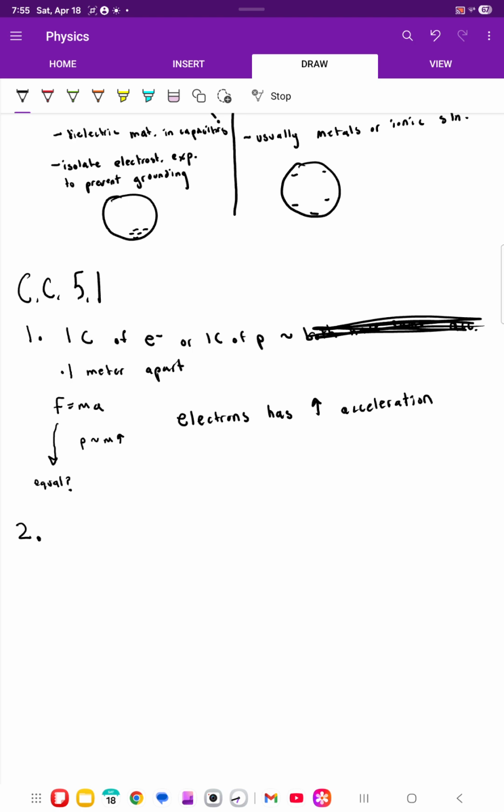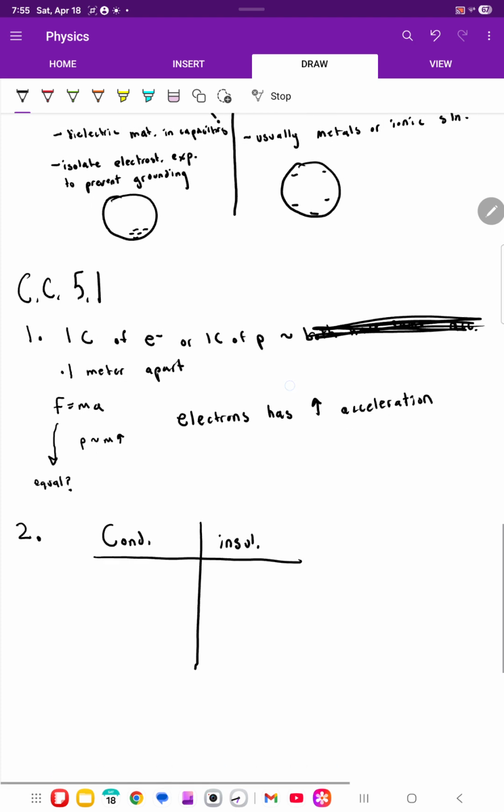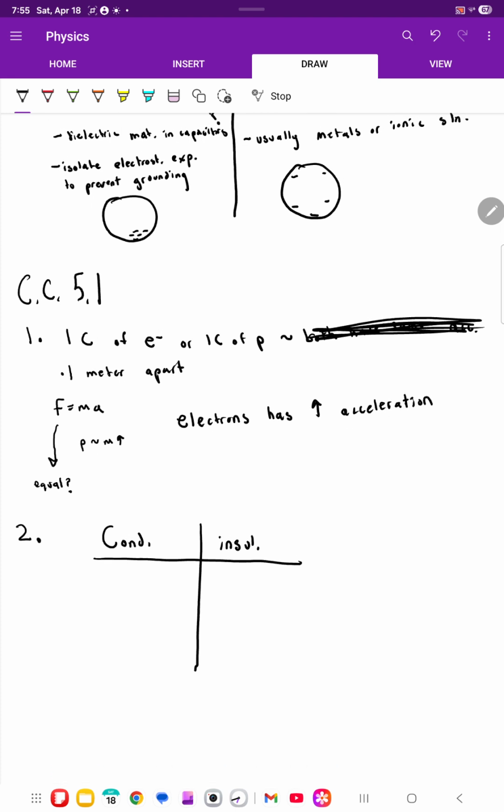Now, categorize the following materials as either conductors or insulators. Conductors, insulators. Blood: hair is an insulator. Blood has lots of charges, so it would be a conductor.